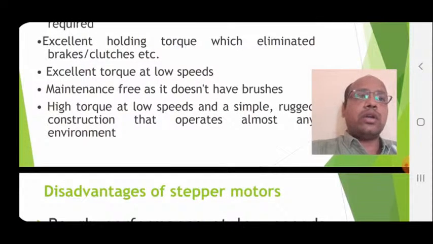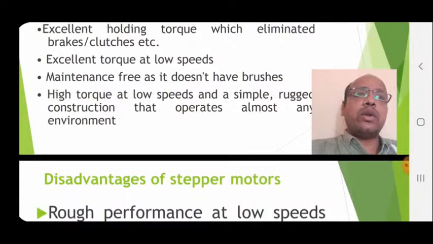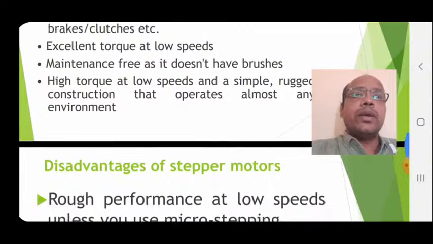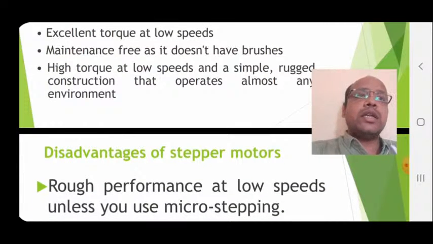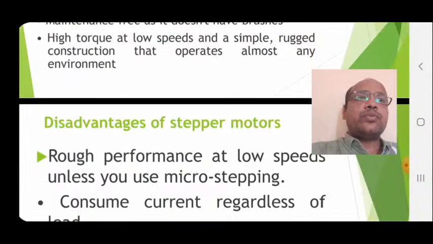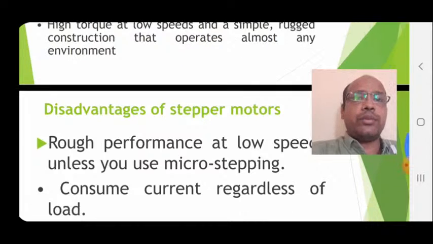Excellent holding torque which eliminates brakes and clutches. Excellent torque at low speeds, you can achieve a good torque at low speeds. Maintenance free as it does not have brushes. High torque at low speed and a simple rugged construction that operates in almost any environment.